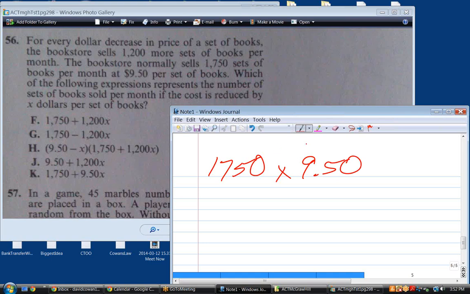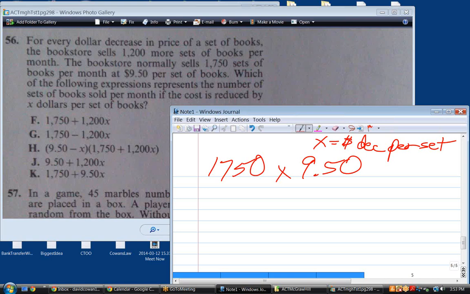And if we let X be the dollar decrease per set of books, 1,200 more sets of books per month for every dollar decrease.